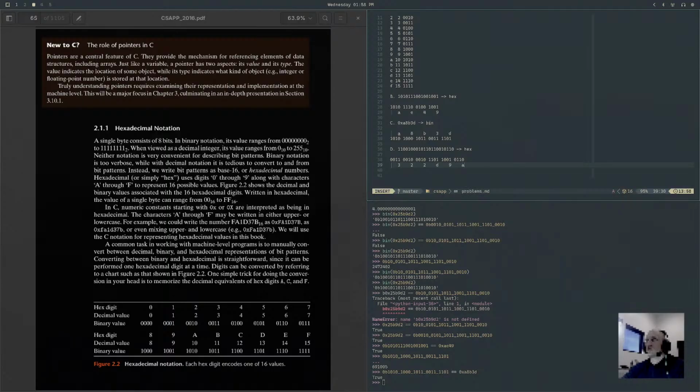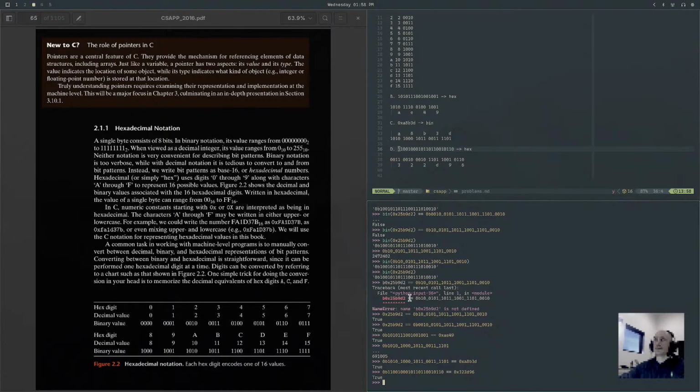And then we have 4 plus 2, which is 6. So we can say, hey, this whole thing here, yoink it. We say 0b, that thing is equal to 0x322d96. True. Okay, those are pretty easy.